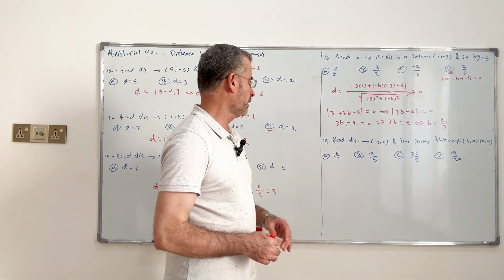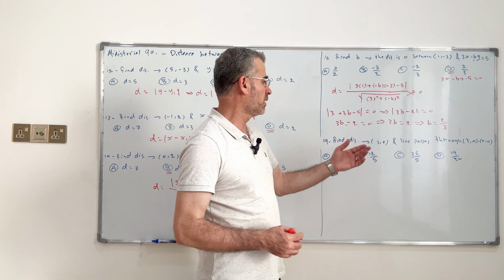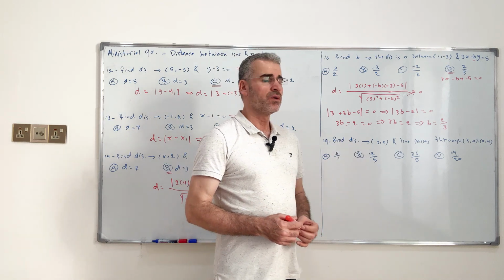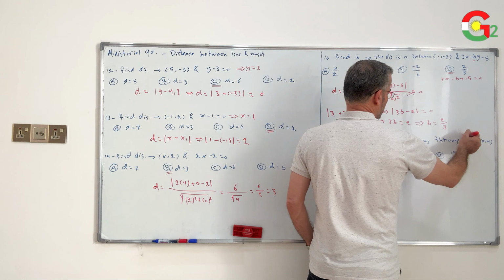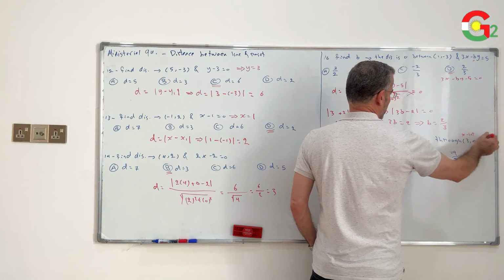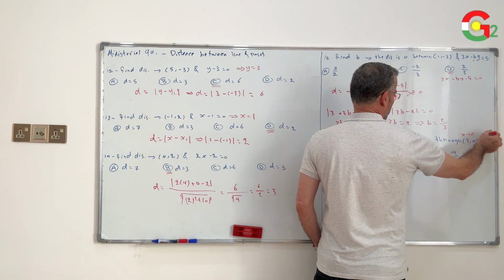Question number 19. Find the distance between the point 3, 4 and the line that passes through the points 3, 0 and 0, 4. 3, 0 is the x-intercept, 0, 4 is the y-intercept.